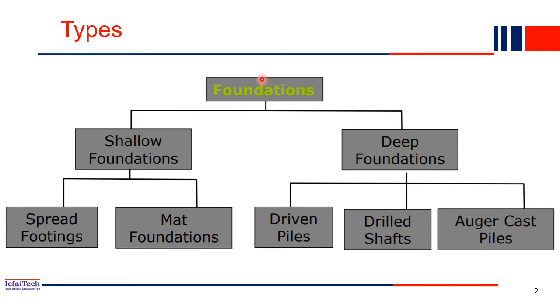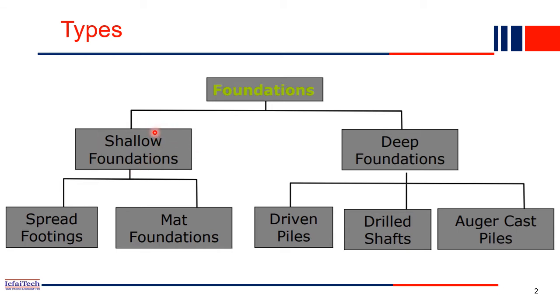Just before starting our main foundation analysis, let's see the different types of foundations. Foundations are largely classified into two broad categories: shallow foundation and deep foundation. By the name itself, you can understand which is which. A shallow foundation is when the depth of the foundation is very small, maybe 2 meters, 3 meters maximum below the ground surface.